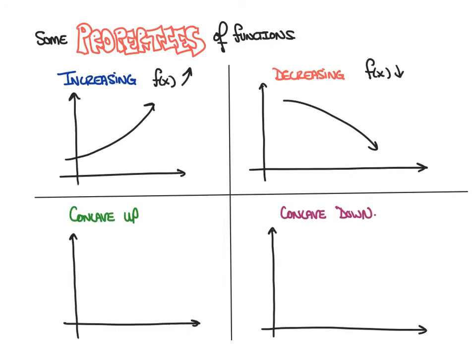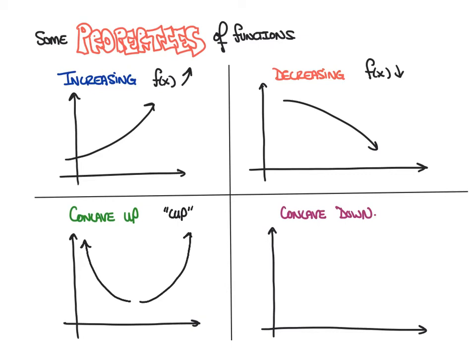Now, in terms of concavity, this has to do with the shape of the graph. So when we say that a graph is concave up, what we mean is that the graph looks like a cup. So it'll have either a shape like that, like the left side of a cup, or a shape like that, which looks like the right side of a cup. So it's kind of like a smile.